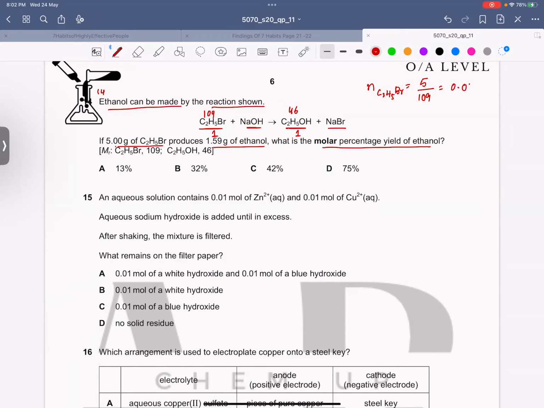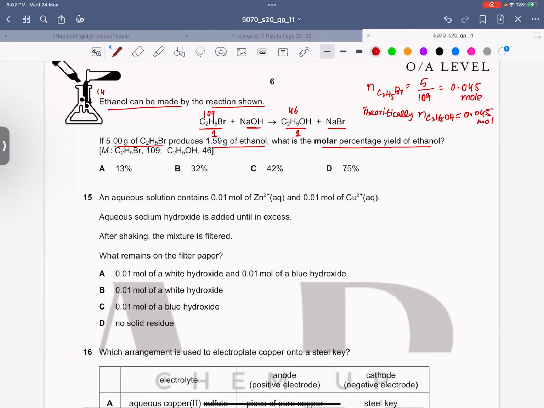0.045 moles. Then if you consider the equation, you can see that 1 mole of bromoethane is producing 1 mole of ethanol, which means if we talk theoretically, the moles of ethanol produced would also be 0.045 moles, right?